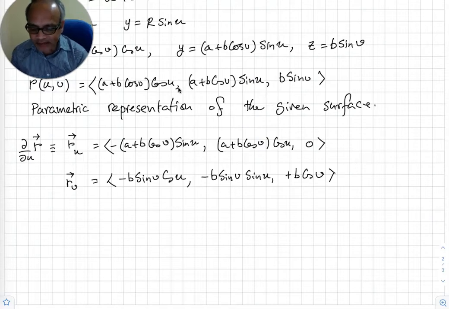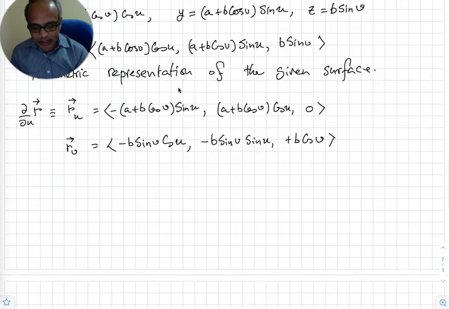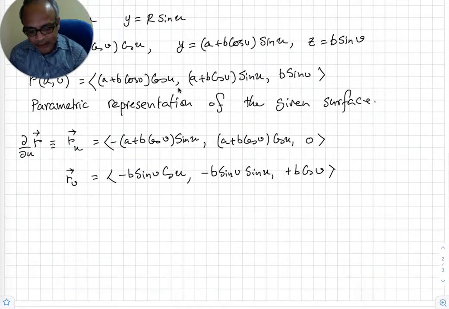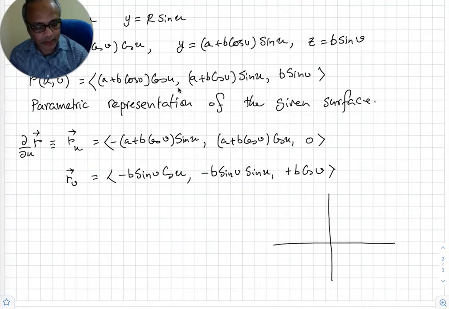Now, why did I differentiate? What does R sub u mean? Maybe I draw a little bit, see if we can visualize that, the UV. And I don't know the shape of the surface.